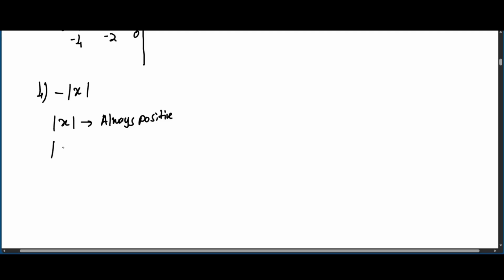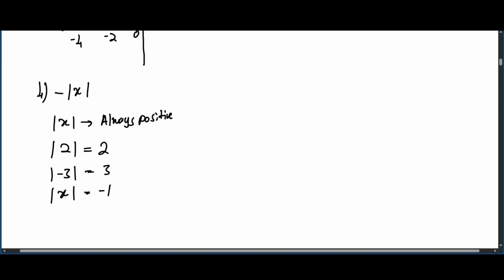Let's say I give 2. The answer will be 2, which is positive. Or absolute value of -3, the answer will be 3. It's also positive. Is there any chance I get a negative number, -1 let's say? No, impossible. So an absolute value function always makes the answer positive. That's what you should know.